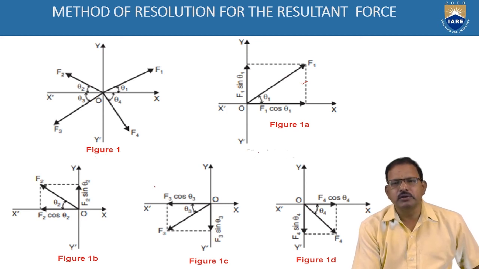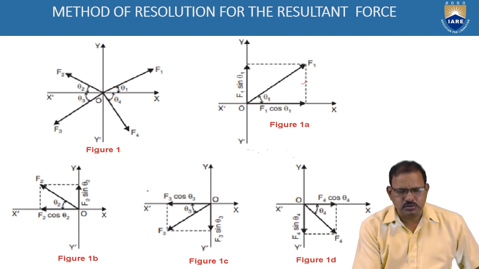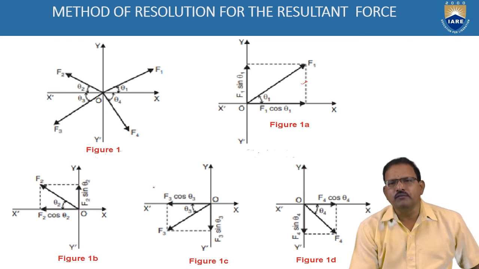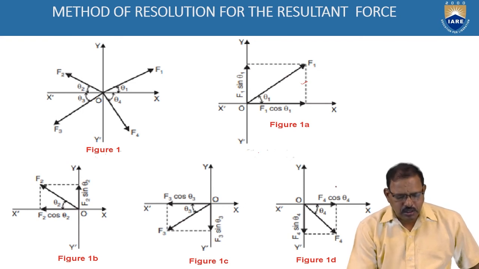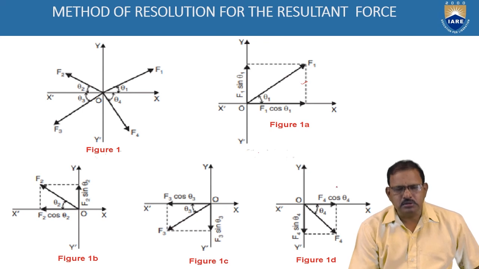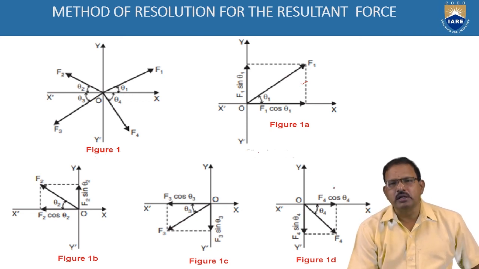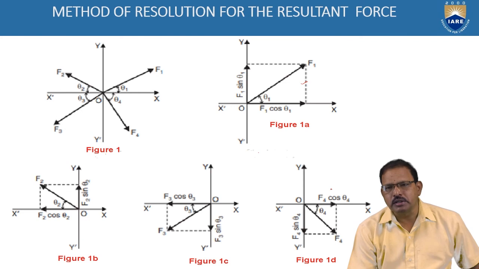It is acting upward, hence it is treated as positive. The third force F3 belongs to the third quadrant, and it is acting in a downward direction. When it is resolved into two components, F3 cos theta 3 is acting toward the left side, and F3 sin theta 3 is acting in the downward direction, so that is also treated as negative.